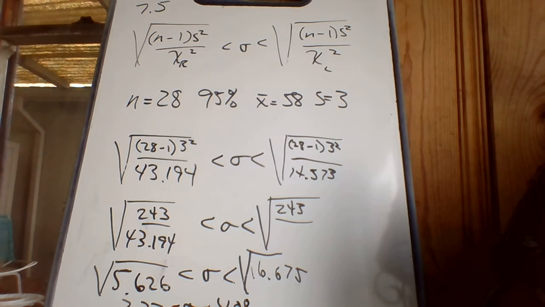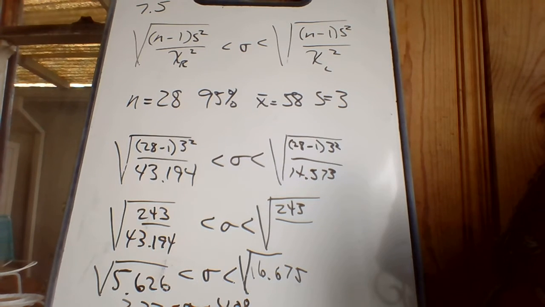Okay, so that is the answer to the question. That is the interval. That is the range that the real standard deviation is. It's somewhere in there. Okay, I don't have some parentheses around it, and I'm not going to do big minus little because it's not evenly balanced on either side anyway. So I'm just going to write that down, then I get to move on to the next problem.